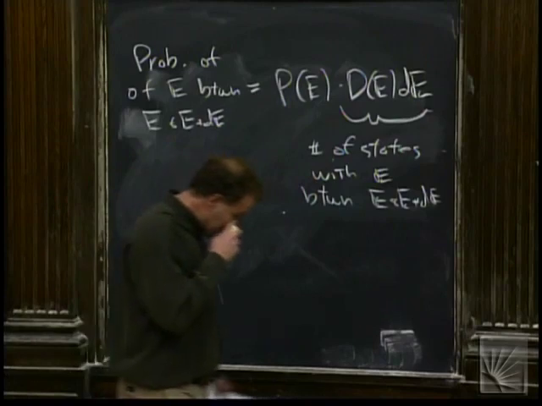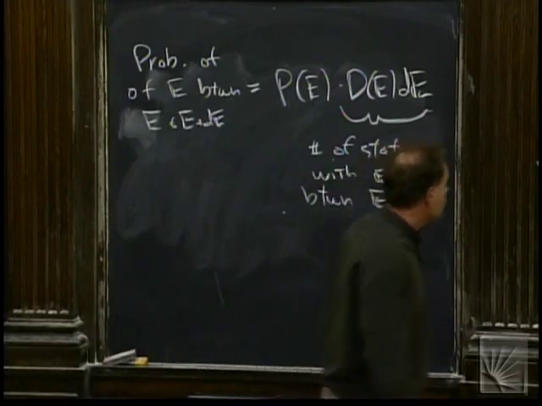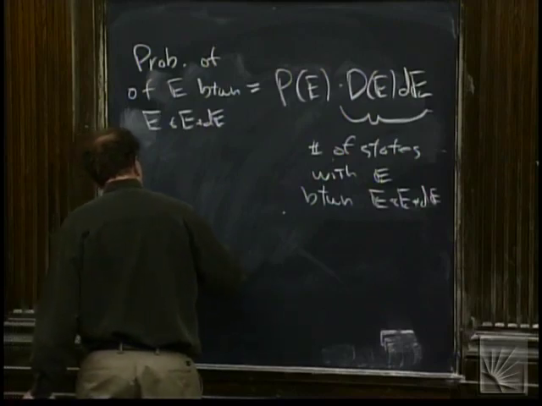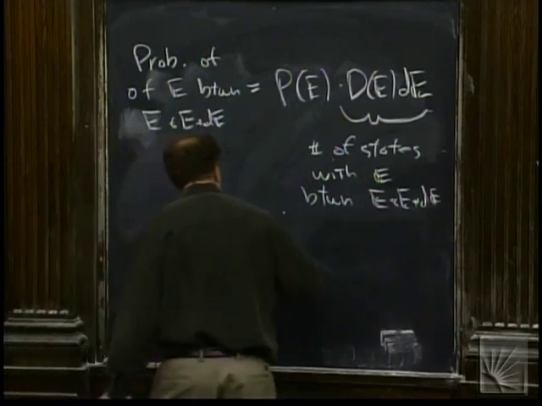So let me just start out with a simple example. And sorry, to define terms, D of E is called the density of states.